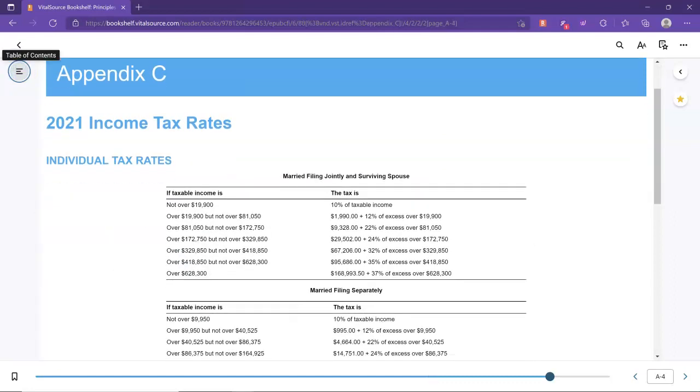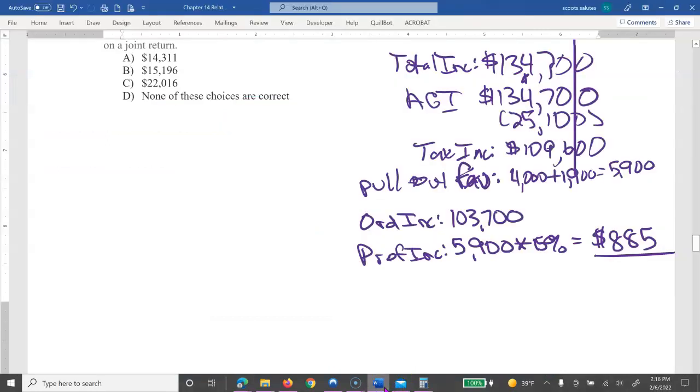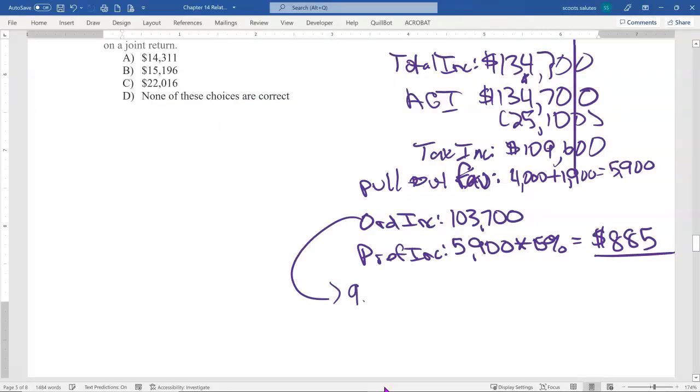And they're married filing jointly, so it's going to fall into this category here. Over 81,050, but not over 172,750. So my formula is going to start out with 9,328. So again, we're working on the ordinary part, plus the difference between 103,700 and that base rate.